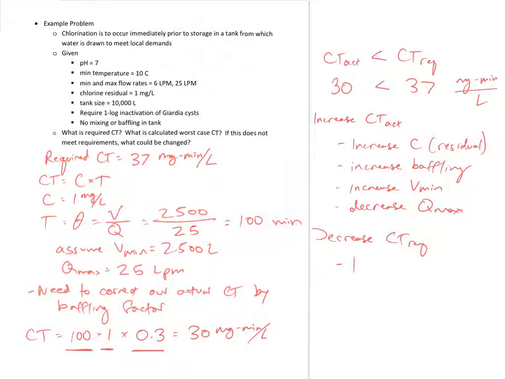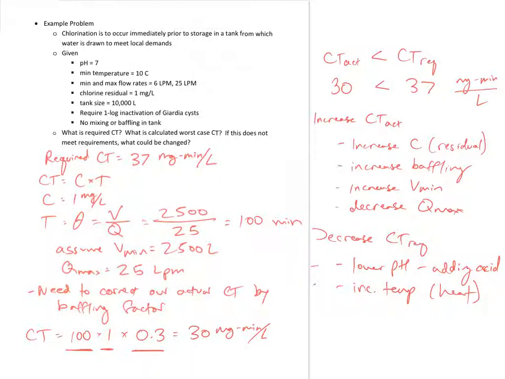So we could lower the pH, which would be adding acid, or we could increase temperature or heat the water. Neither of these two are ideal, and so typically the easiest things to do would be to either increase the chlorine concentration or increase the baffling as a first cut.